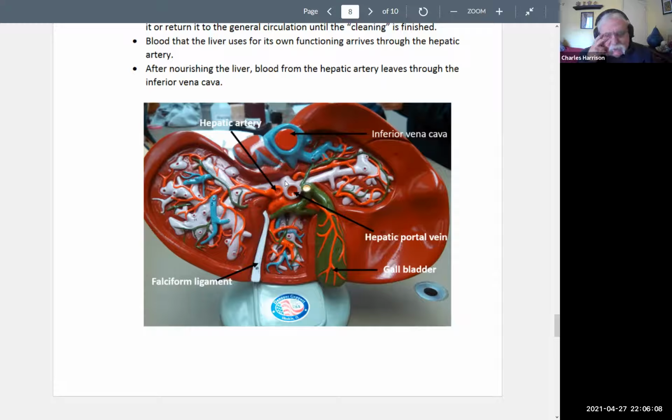Think of it again. Hepatic is the liver, portal transporting vein. Okay, so all the stuff that enters into the blood of the hepatic portal vein makes its way to the liver and comes right in here.